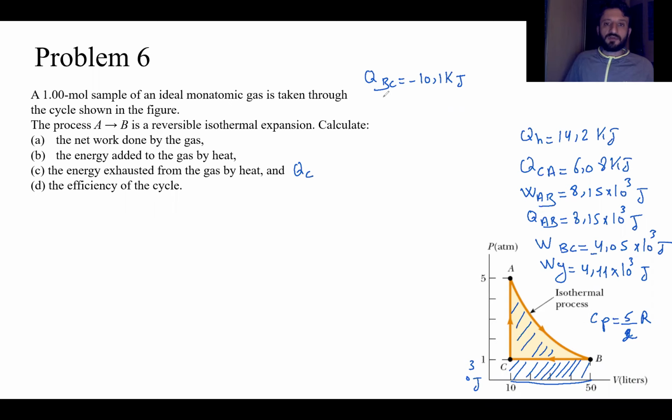We calculated already Q cold, which is equal to QBC, equals minus 10.1 kilojoule. Okay, no problem. You can calculate one problem; you are not obliged to respect the order of the question.